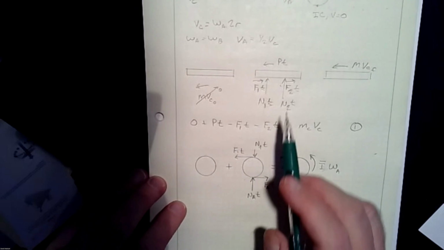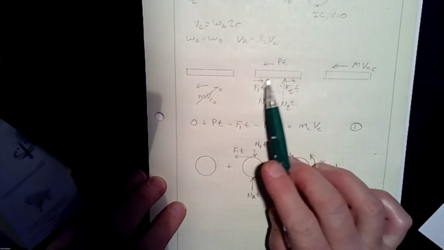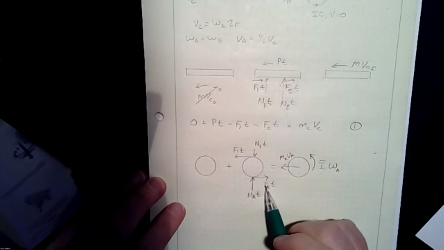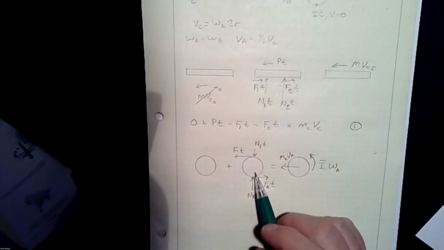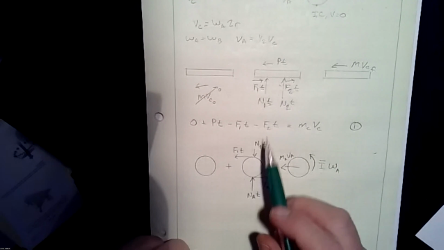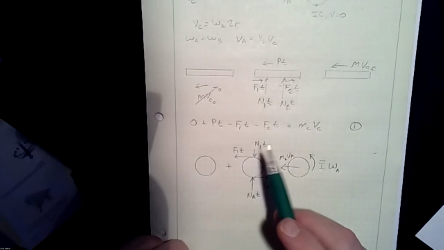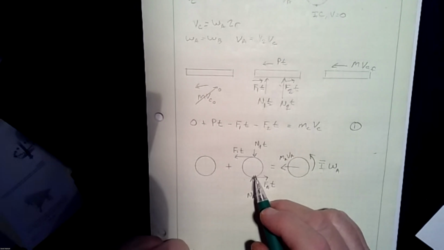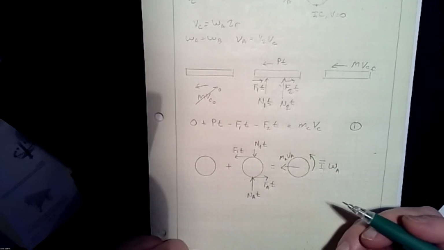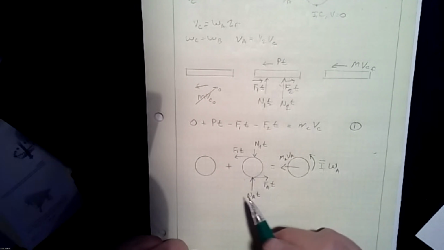That's the normal force of the rectangle onto the wheel. And then we're going to name the normal force and friction force of the wheel at the bottom. So it makes sense. The friction force is opposite up here and here. And we know that when you're traveling, the friction wants to push the ground backward, and effectively the friction is going to push this forward.